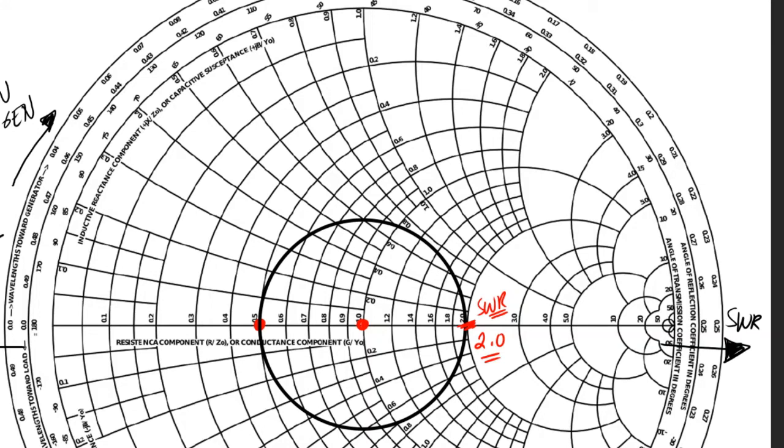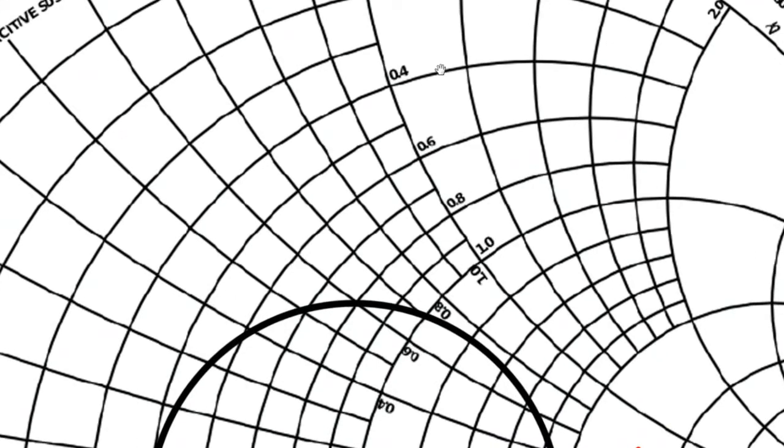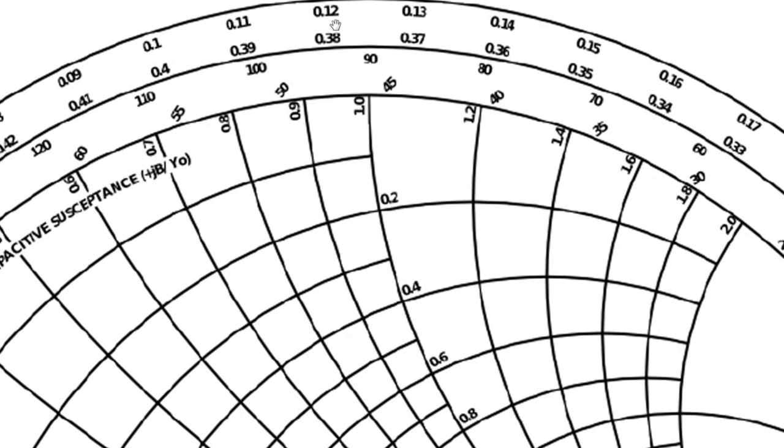Question 1: at 0.12 lambda towards the generator, what is the impedance? So, what are you going to do? Look for 0.12 on the top, moving clockwise. So, I can see here, I see 0.12.